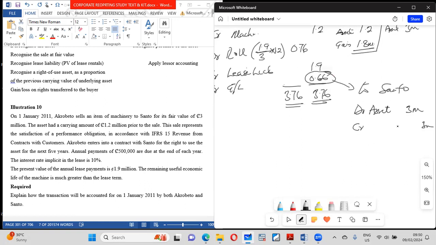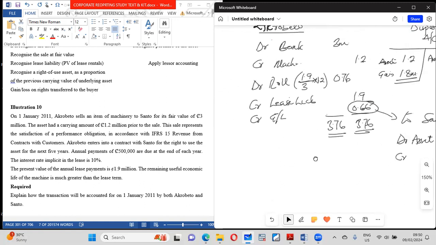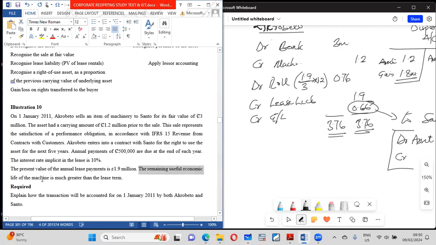Why are we doing this? We are doing this because you see clearly what kind of lease this is. The kind of lease here in Santo's book is an operating lease. If you realize, it says that the remaining useful economic life is much greater than the lease term.